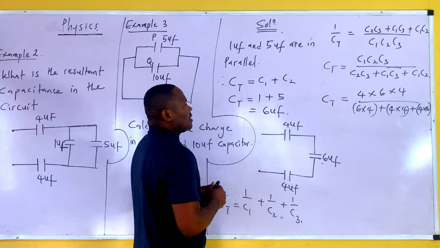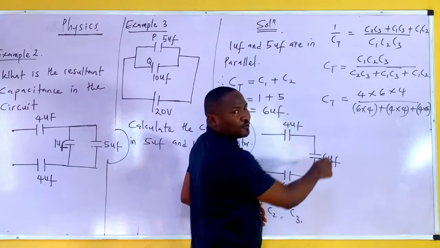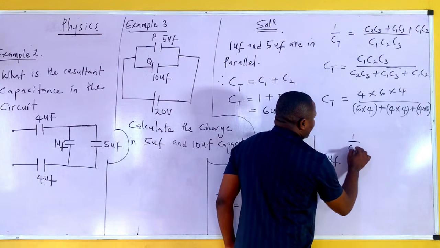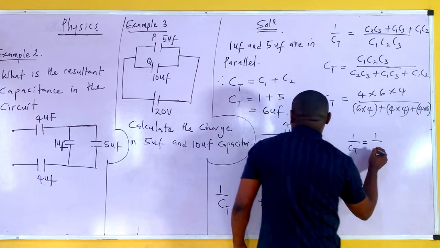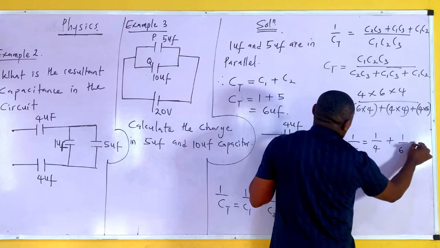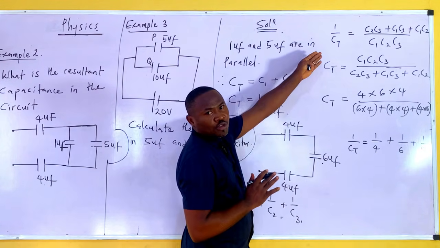That becomes the expression. Take note, in case it's confusing, what you just need to do is to say 1 over C total is equals 1 over 4 plus 1 over 6 plus 1 over 4. That's what you just do in case this is confusing to you.